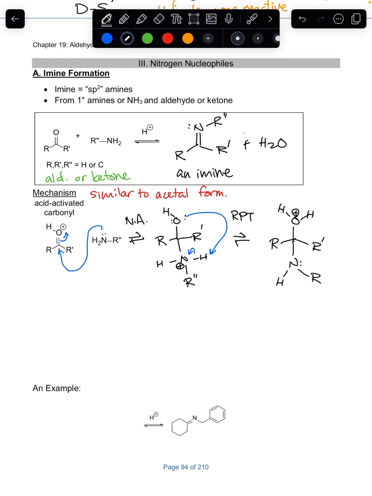And just like the oxygen in the acetal formation, nitrogen in the neutral form has a lone pair that could be used to push off the water.